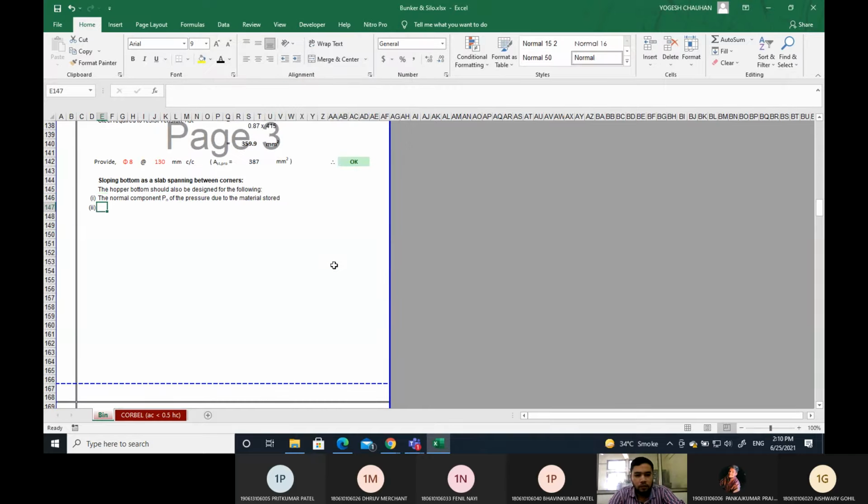The second is the normal component Wn of the self weight of the sloping slab. Okay.